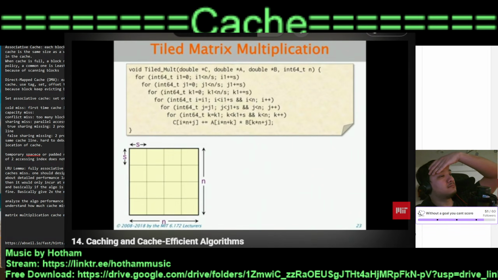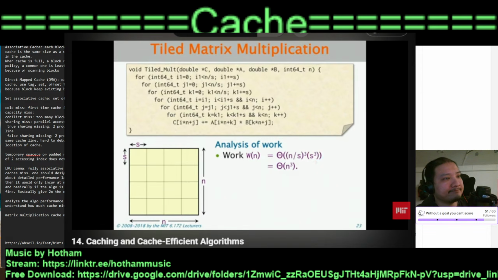So let's analyze the work of this algorithm. The work that we need to do for a submatrix of size S by S is going to be S cubed, since that's just the bound for matrix multiplication. And then the number of times I have to operate on submatrices is going to be (n/S) cubed.